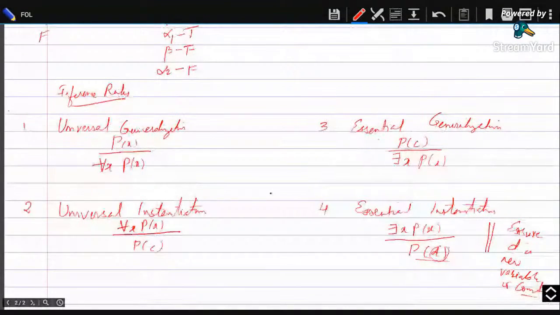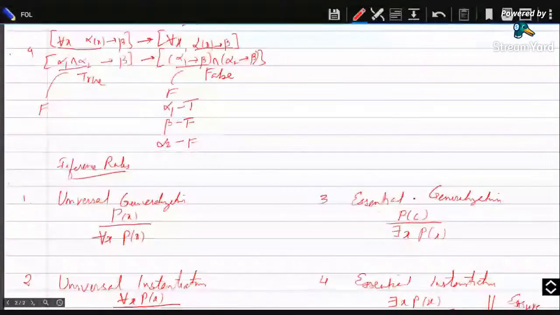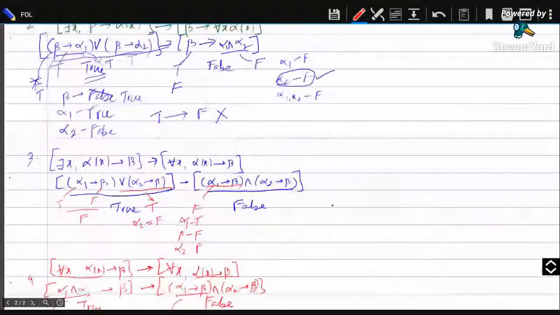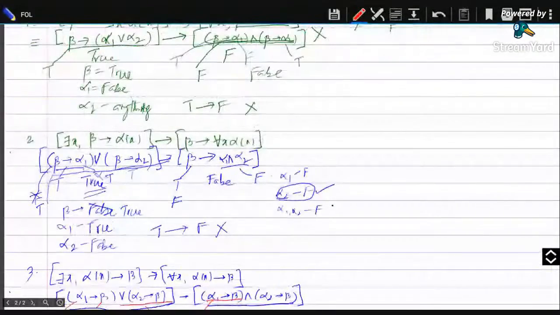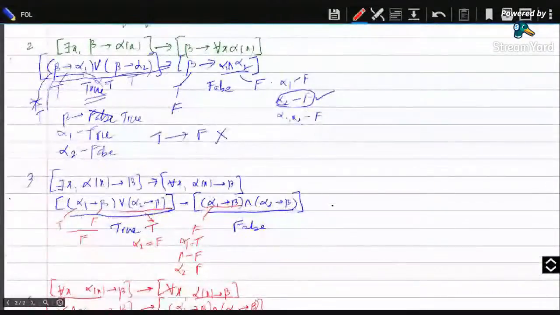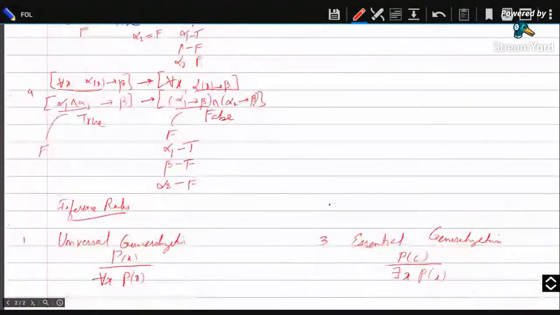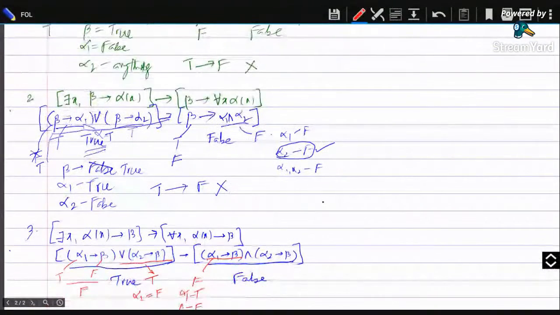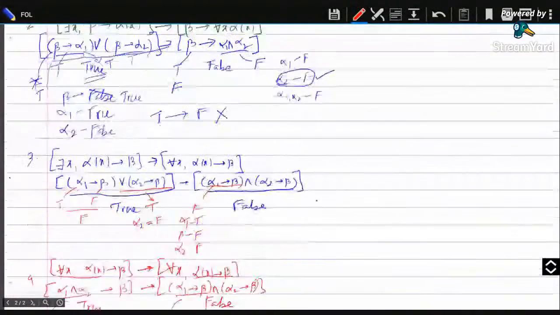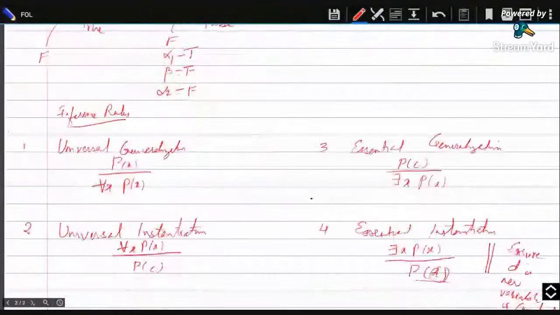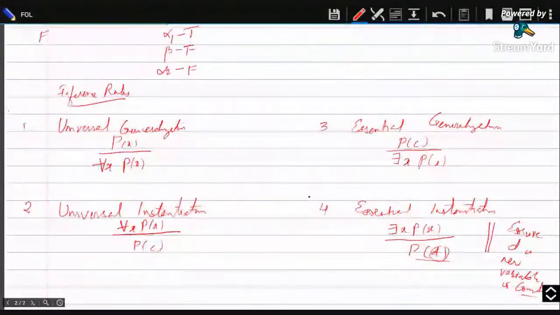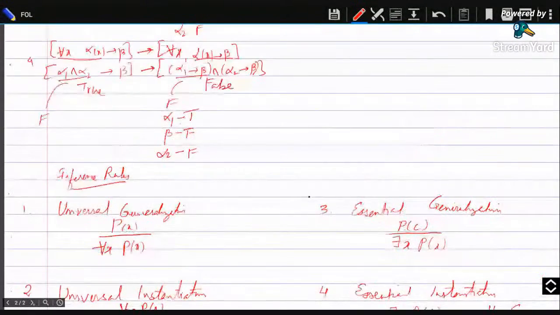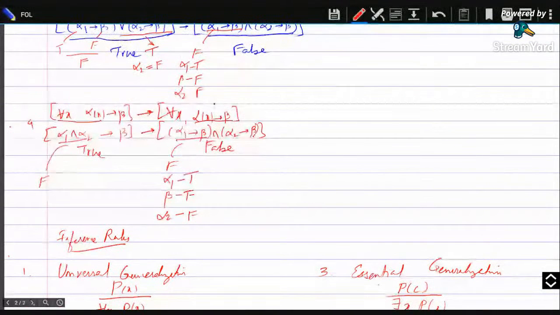So these four rules of inference help us to solve all this. We can use these four rules of inference and solve this. We can write an algorithm so that these rules can be applied to these things. So it is saying for all x, alpha(x). What should I write here?